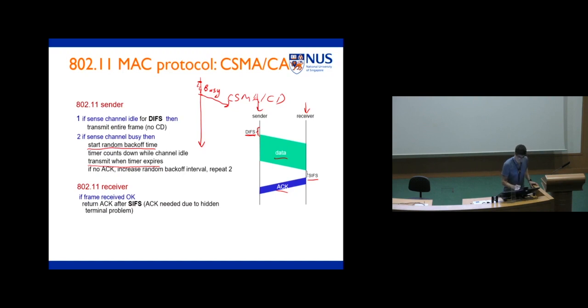Whereas in CSMA-CA, the case of Wi-Fi, we have some random backoff period. And even if the channel is idle during that period, we still count down until that backoff timer expires, and then we send.